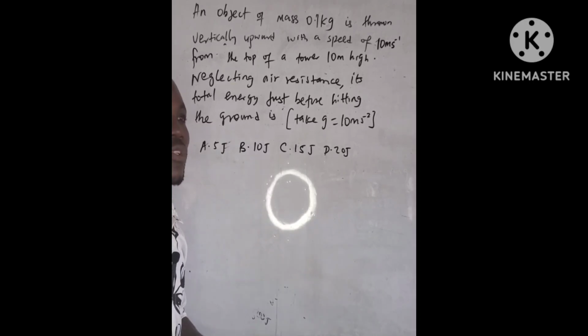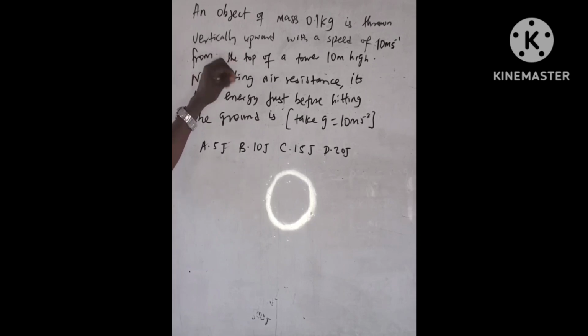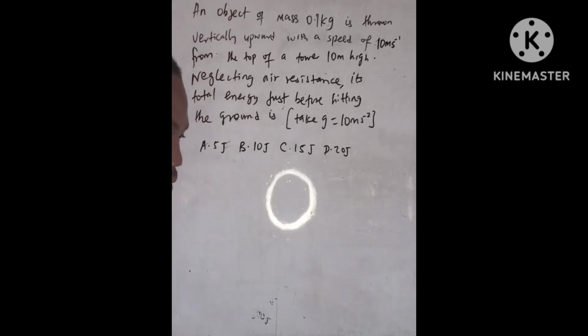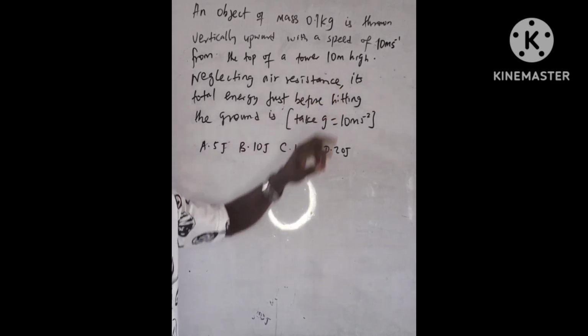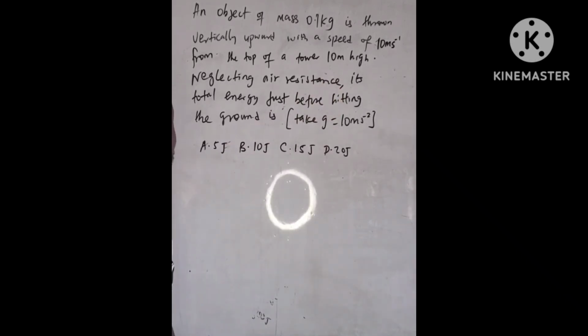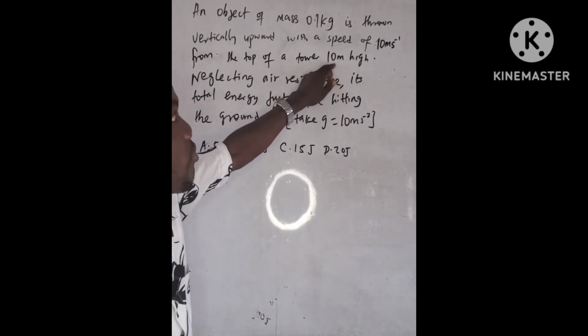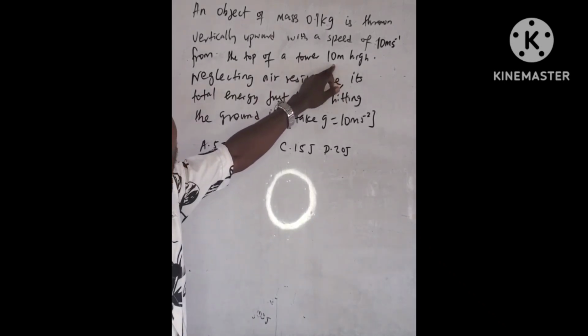So now what do we do here? Having that the object is thrown vertically upward from a tower 10 meter high, it is totally different from saying that the object falls from a height of 10 meter.